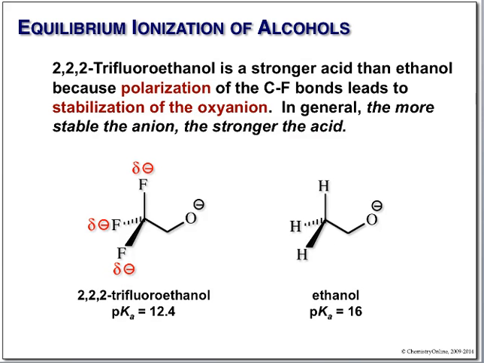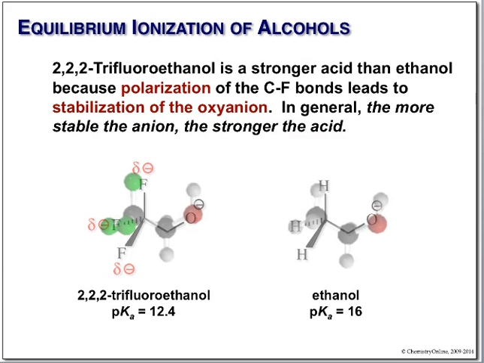It's going to suck the electrons out of this bond towards itself. In doing so, it removes electrons from the oxygen, and we wind up with a more stable anion. Ethanol can't do that. Electron density is pretty much localized on the oxygen.